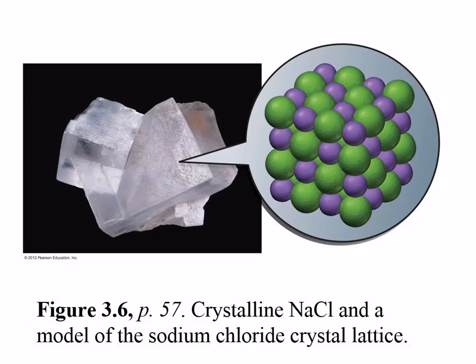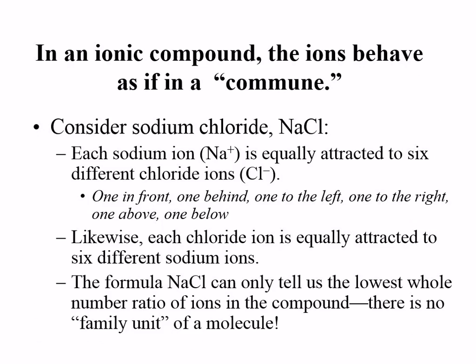Sodiums tend to give up electrons and they get smaller. So I know just by looking at this that the purple is the sodium and the chlorine is the big one. So, one last slide introducing you to the idea that compounds come in two flavors: molecular compounds like water and ionic compounds like sodium chloride.